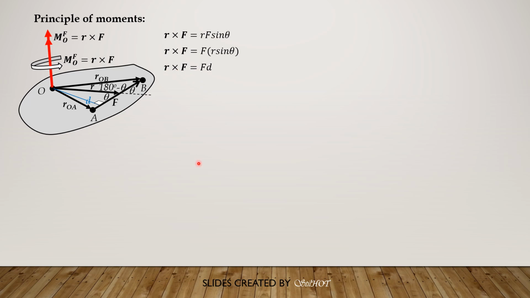So we now interpret that R cross F is really the moment of the force about point O. And remember that the position vector should be from the moment center O to any point on the line of action of the force. So therefore, the moment of the force about O is also ROA cross F. It is also ROB cross F.